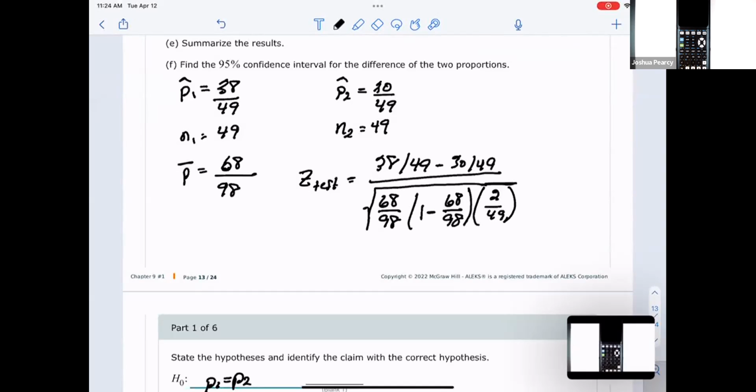Does everyone know where I got that 2 over 49? 1 over 49 plus 1 over 49.